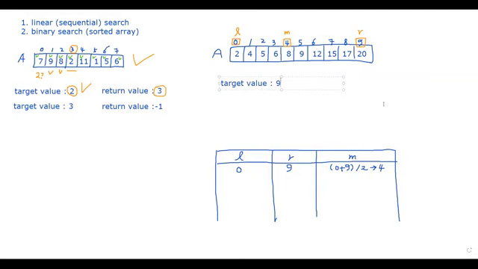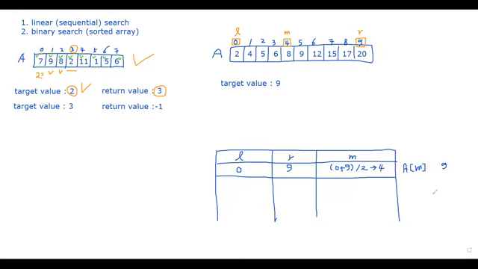After this step, the computer will compare the data at index 4, the middle data, with the target value, right? So the computer will check the data at the middle index and the target value.